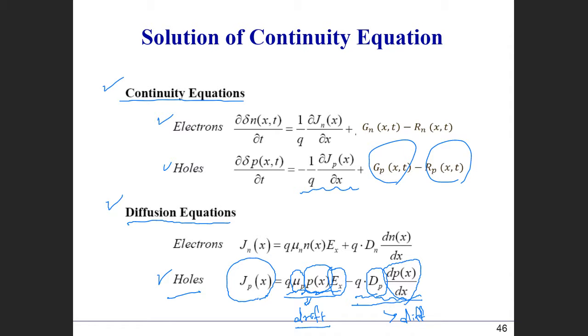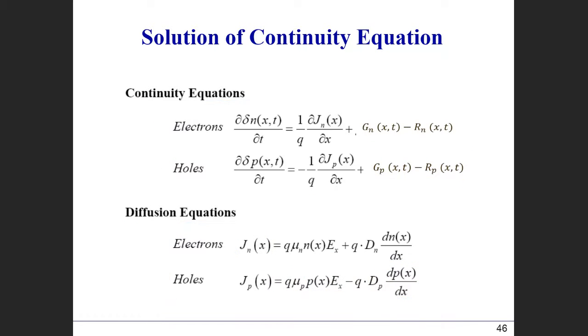If we add the drift current and diffusion current, that gives us the total current, described as the diffusion equation. Similarly, we can put the electron current coming from the drift current and the diffusion current.